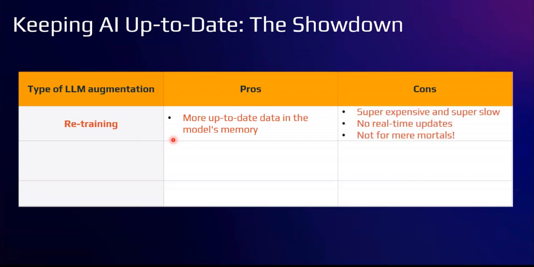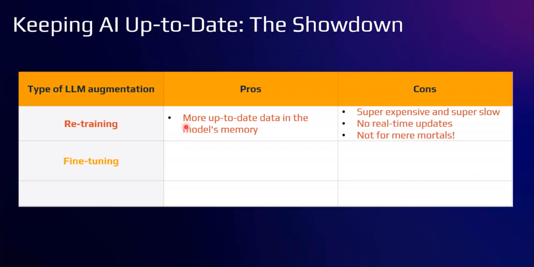But the cons of it is that it's super expensive and super slow. Obviously, only the big companies like Meta, XAI, Google are the only ones that can afford the infrastructure, the data centers, and the energy required to retrain a model.